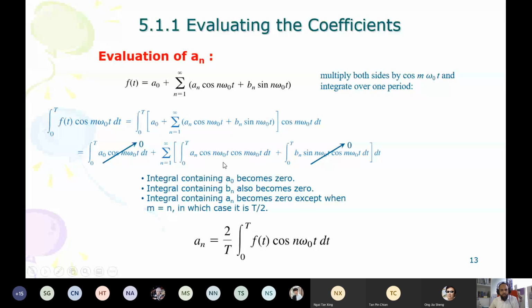When m is not equal to n, they will be 0. But when m is equal to n, this will become cos square.